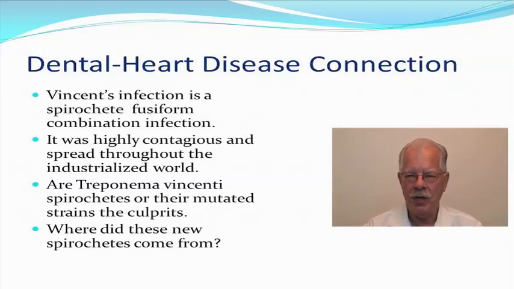It's also in the German and French literature, about how spirochetes can transform into spores, and these spores are transmitted by aerosol. So it's very possible that this trench mouth could be the first use of bioweapons in modern times, in World War I.